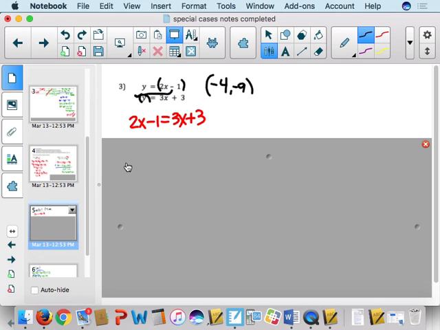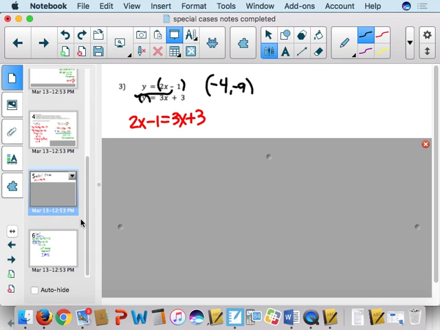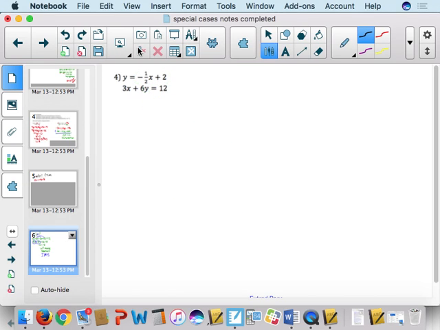Okay? So at this point, we're going to go ahead and look at example number 4. On example number 4, we have that y is by itself, and so what would be the prime method that we'd want to use? Substitution.